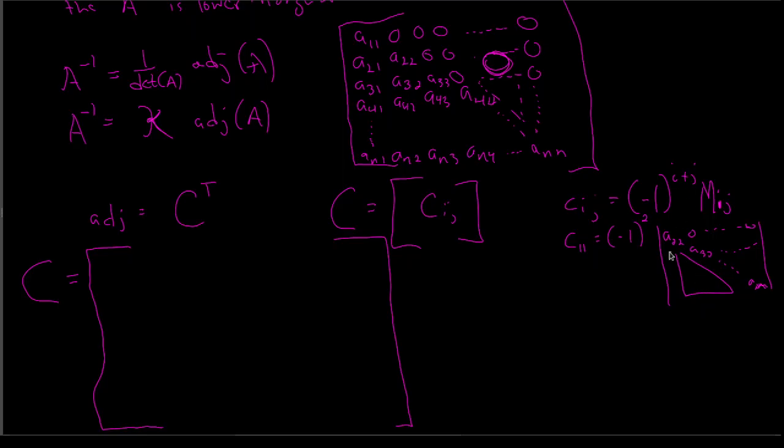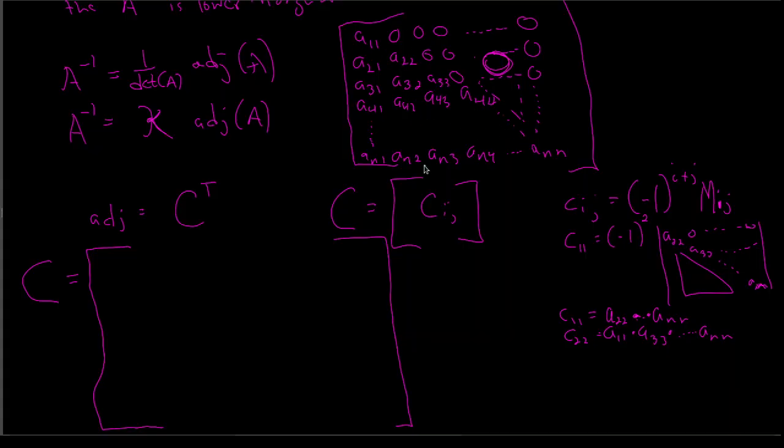And so this again is lower triangular, and it's going to give me a determinant that's the product. In fact, C11 is going to be the product of all of the diagonal elements that are not A11. C22 likewise is going to be A11 times A33, and then the product of everything down to Ann. So we're going to get the product of everything but A22, and so on as we work down.